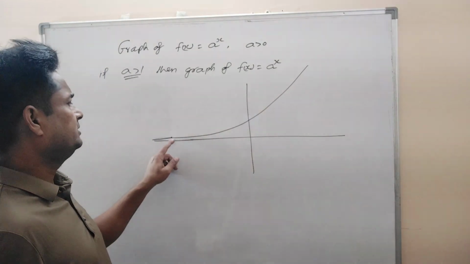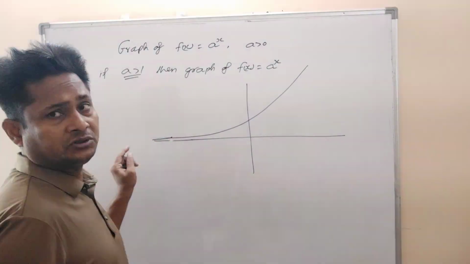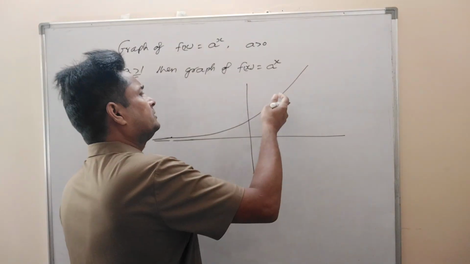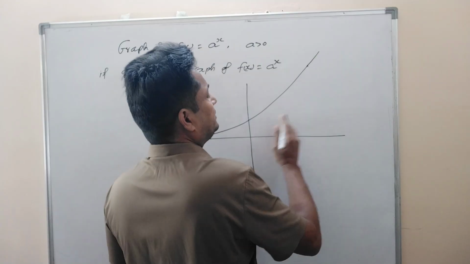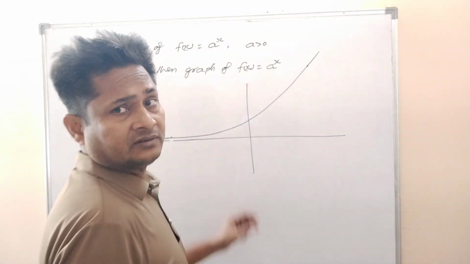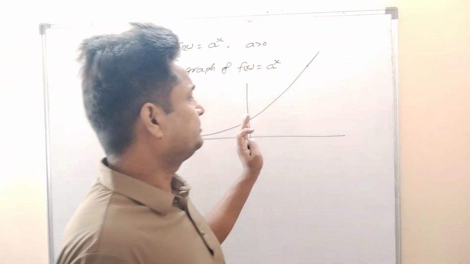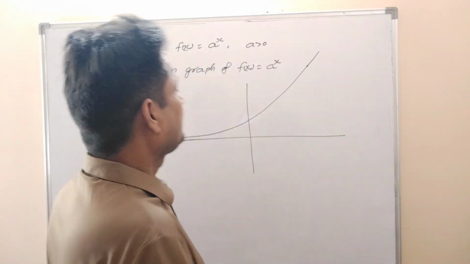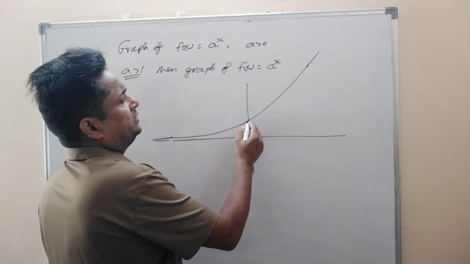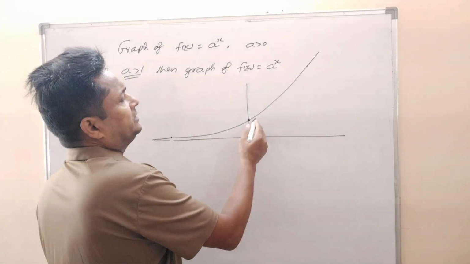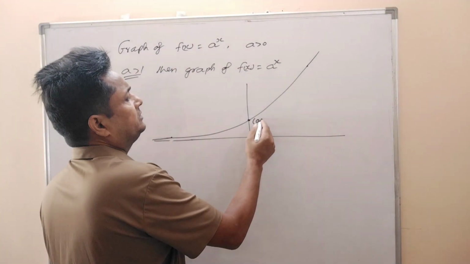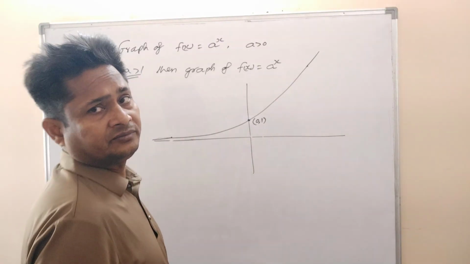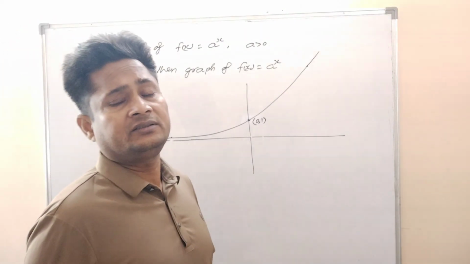At minus infinity, the graph will be close to 0. And for positive values of x, the graph will go like this. The point where the graph intersects the y-axis will always be (0, 1), whatever the value of a greater than 1.